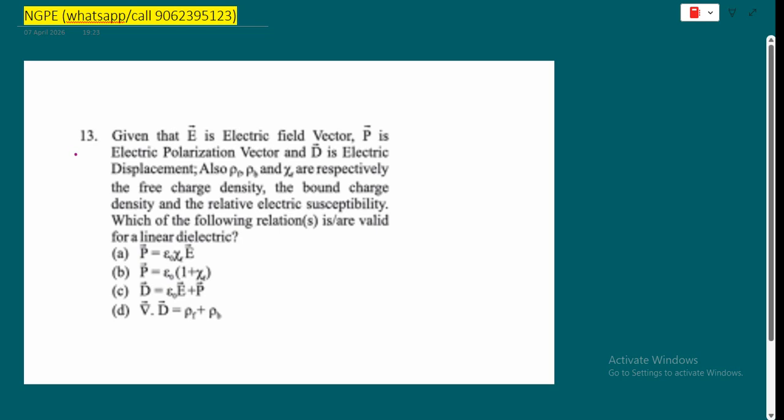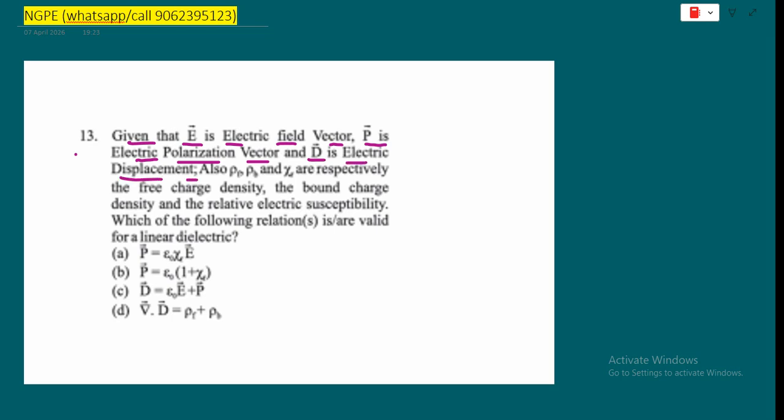The question says: given that vector E is the electric field vector, vector P is the electric polarization vector, and vector D is the electric displacement, and also rho F and rho B and chi E are respectively the free charge density, the bound charge density and the relative electric susceptibility.